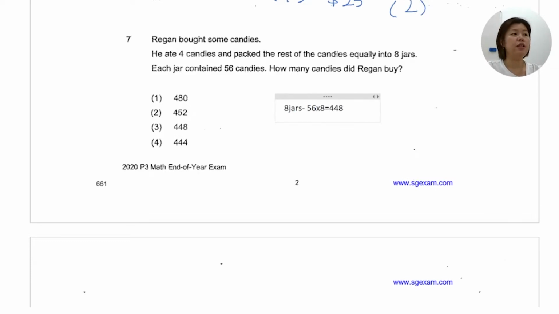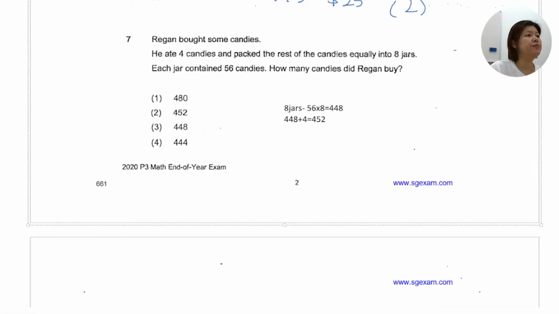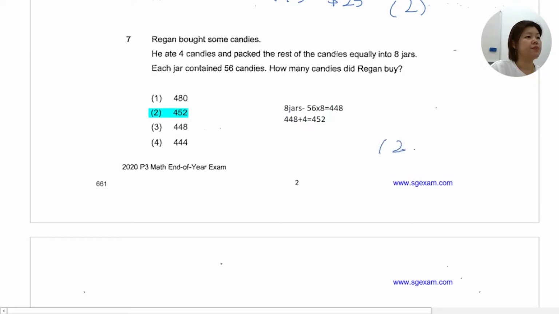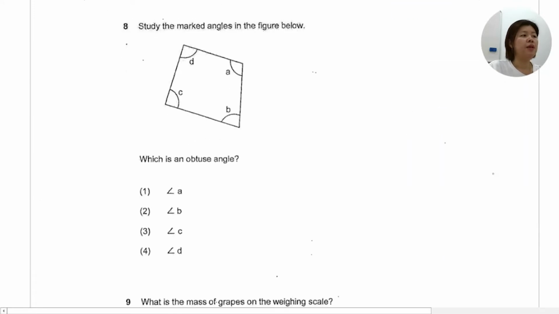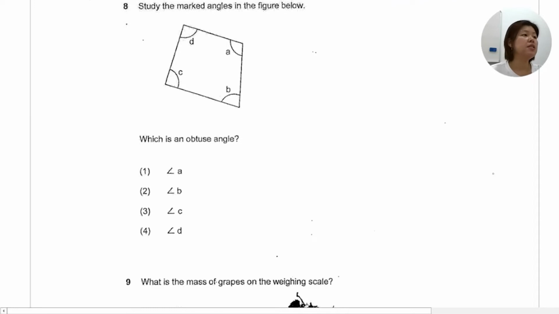And then he ate 4 himself, so for 448 you must add back, because they want to find the amount at first, which equals 452. Number 2.